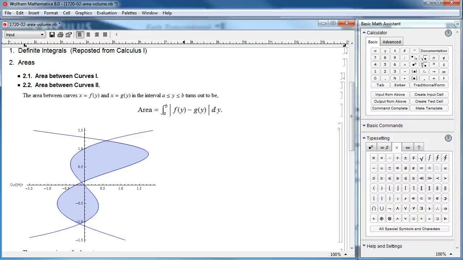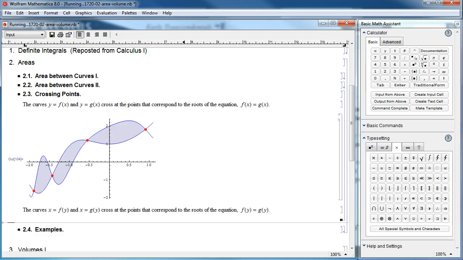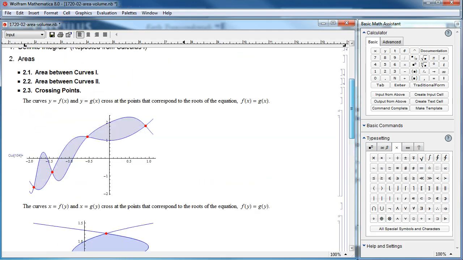Again, we have regions like that, and then it's going to be necessary that we find appropriate crossing points and then divide the integrals into several separate pieces and take the antiderivative separately. In order to do that, we have to find appropriate crossing points like these.